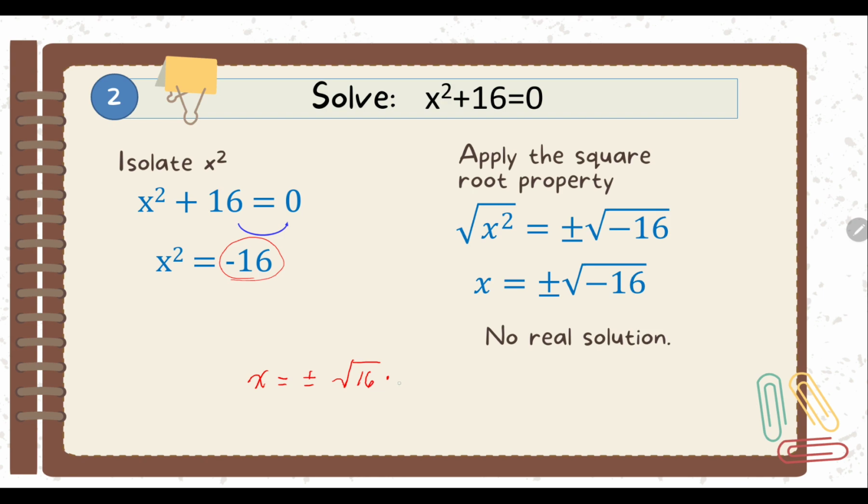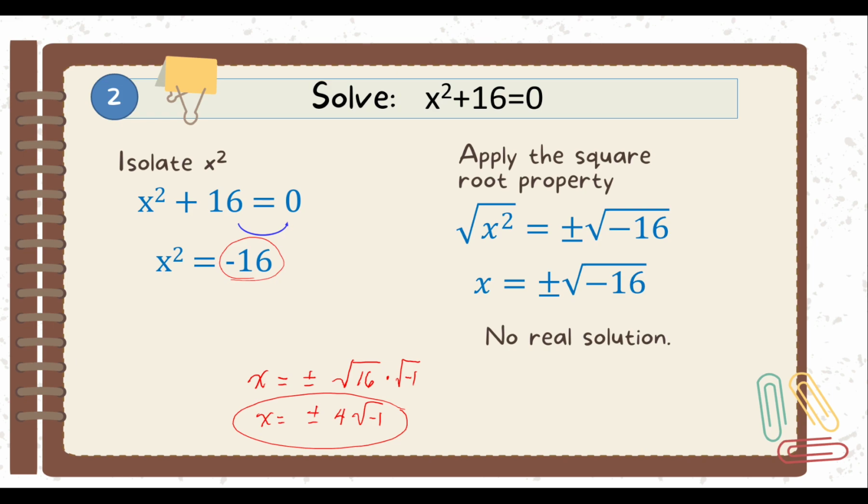That's the square root of 16 multiplied by the square root of -1. And what is the square root of 16? We have a 4. And then we have there the square root of -1. We are going to discuss this when we get into the zeros of a polynomial function.